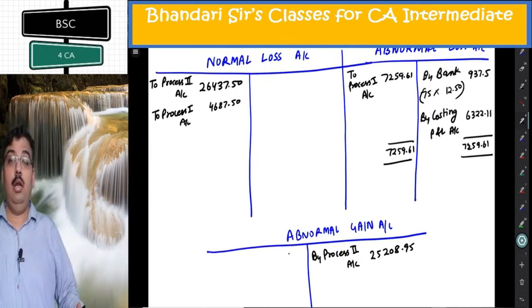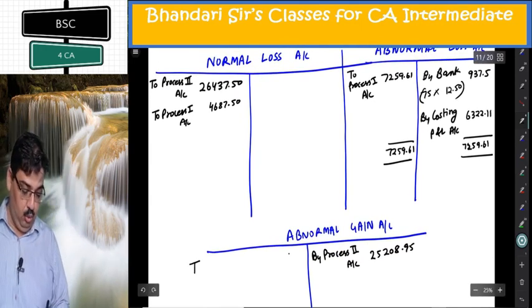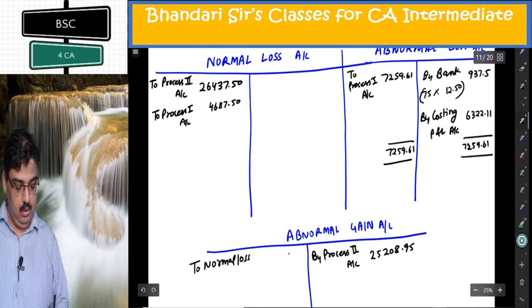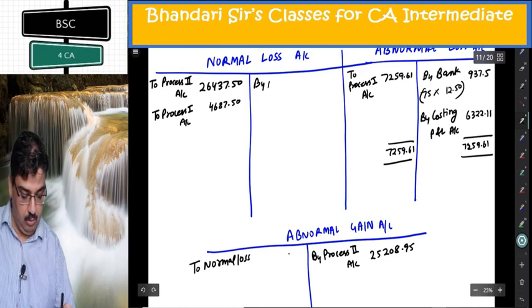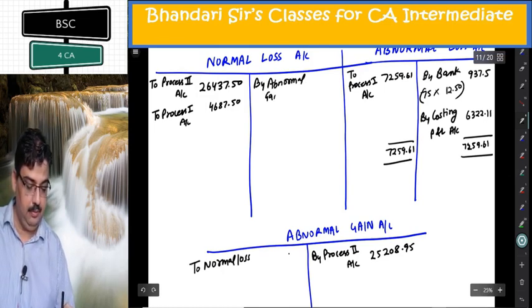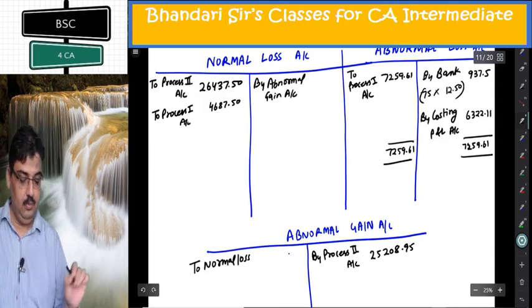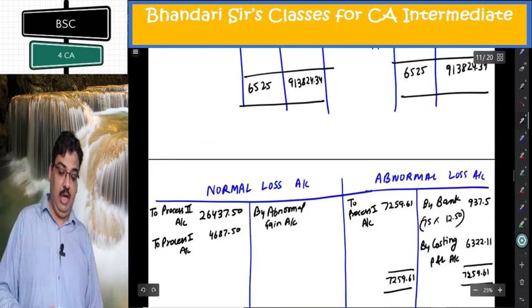Abnormal gain. Remember the special entry to normal loss. And it affects abnormal loss account also by abnormal gain. What is this? Second process.